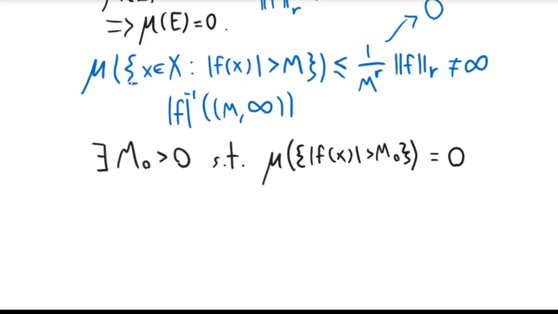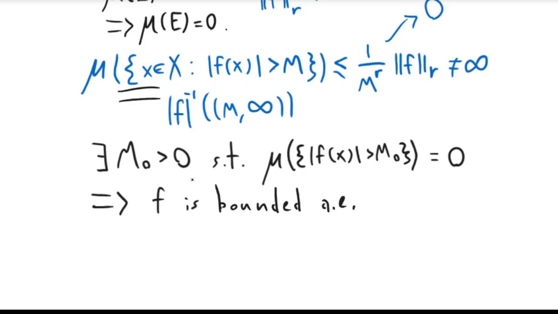Because the measures of these sets keep getting smaller and smaller, eventually they're forced to be equal to 0, and so for some m0 this is true. What that basically means is that f is actually bounded almost everywhere. Almost everywhere we have that the absolute value of f of x is less than or equal to m0.